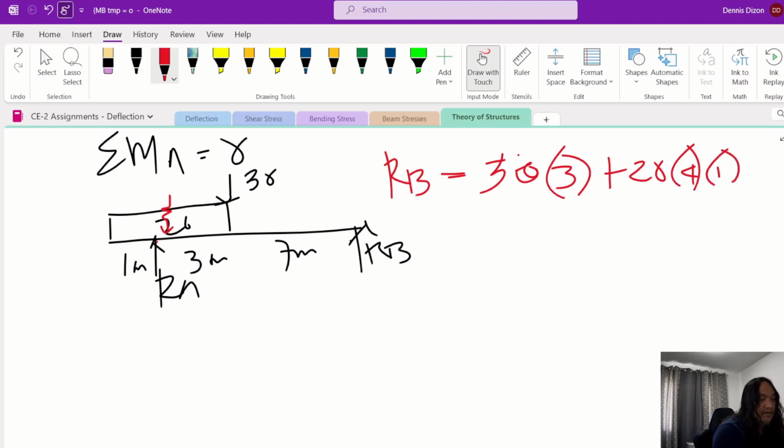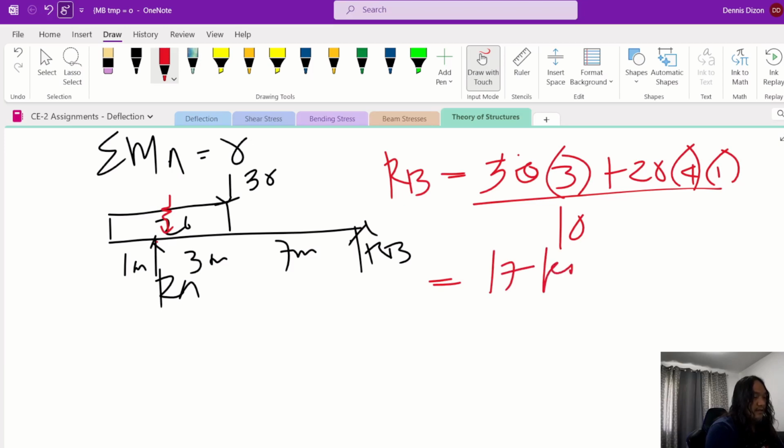So this is 1, and then divided by 10, like that. So 30 times 3 plus 20 times 4, then divided by 10 is 17 kilonewton. So that is the same.